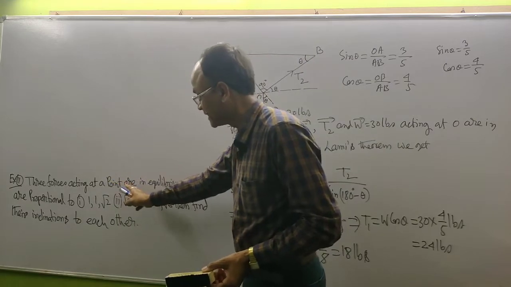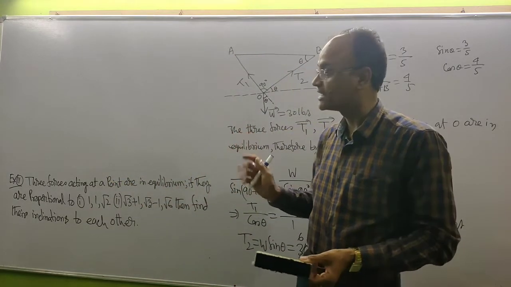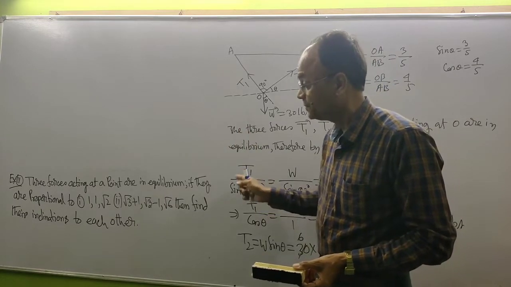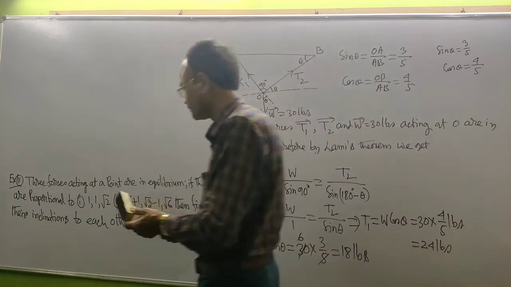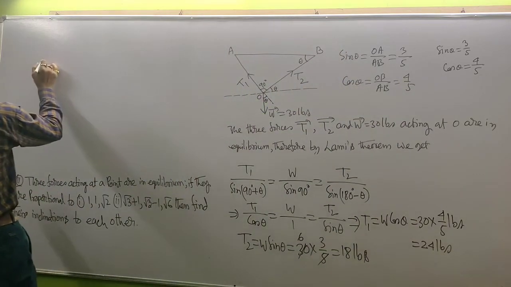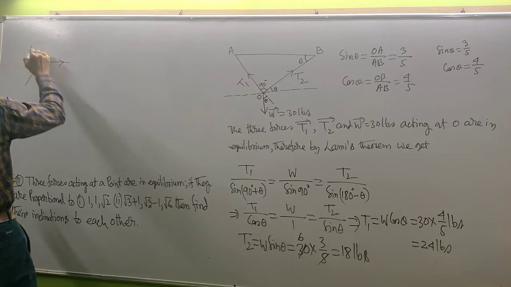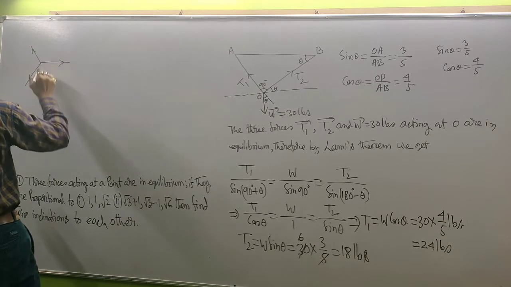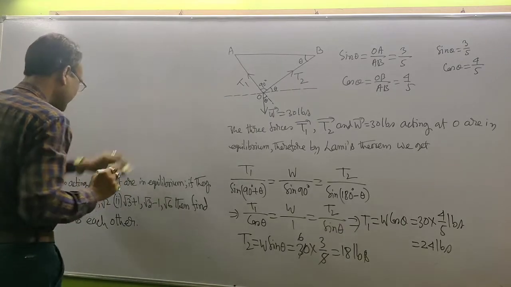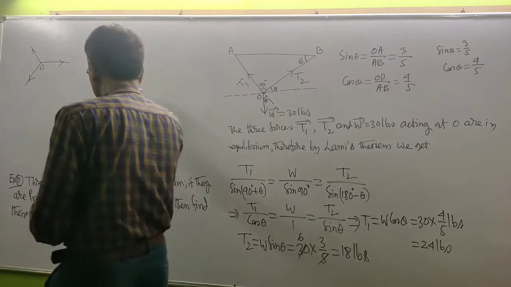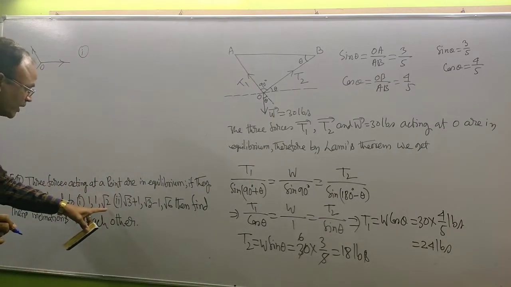Three forces acting at a point are in equilibrium. It is given that they are proportional to 1, 1, root 2.